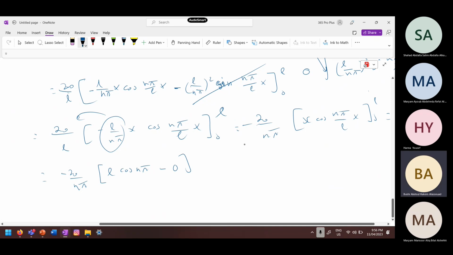Is that correct? Yes, it is. This will give you finally negative 20L over n pi.